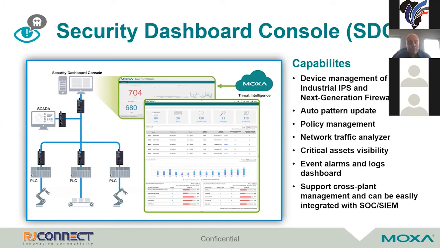There are two different products we have: the Pro version and the non-Pro version. The non-Pro version does not come with this software. You have to update it manually yourself. You register on Moxa's website, you go get the latest patches, you go down with the USB stick and you physically go to the device, you have to plug it in physically, and then you have to install the latest patches.